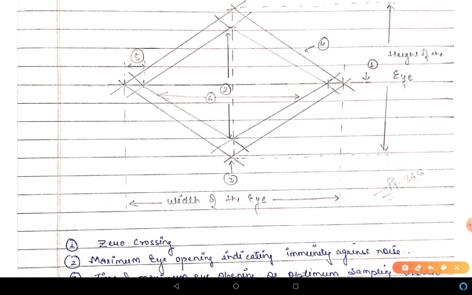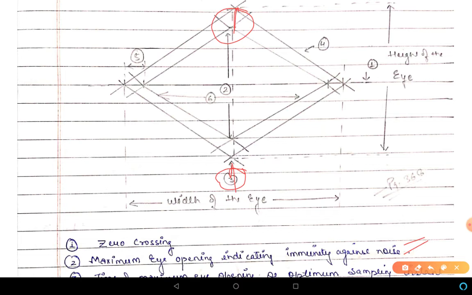Actually this is my optimum sampling instant, because at this instant my amplitude is maximum, my level of the pulse is maximum. That is why the effect of the noise will be minimum at this sampling instant. So the maximum eye opening indicates the immunity against the noise.